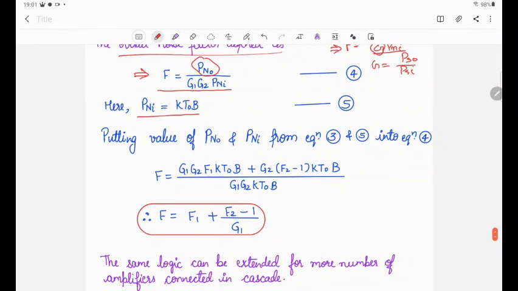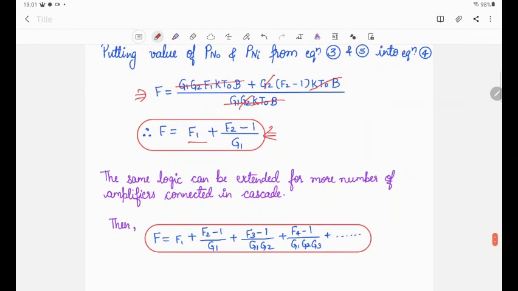So we can replace everything here: F is equal to G1 G2 F1 KT0B plus G2 (F2 minus 1) KT0B, divided by G1 G2 KT0B. The G1 G2 F1 KT0B term cancels out, and G2 KT0B cancels out in the second term. So we find F is equal to F1 plus (F2 minus 1) divided by G1.